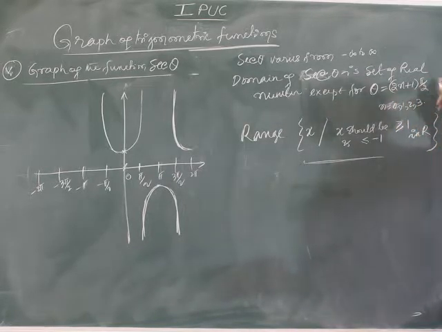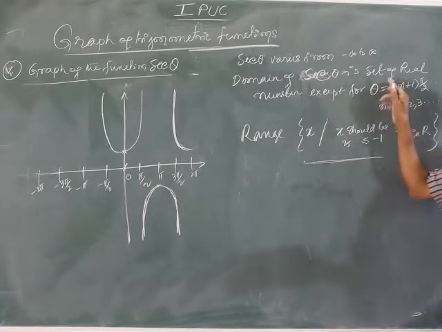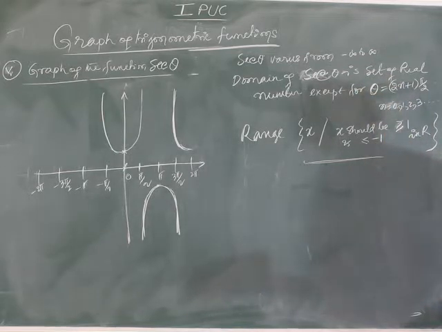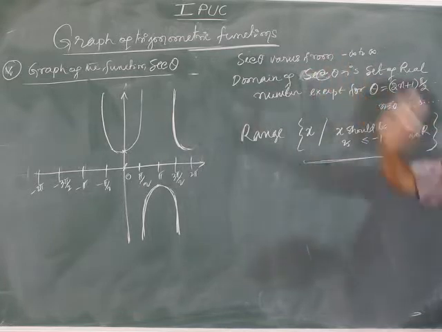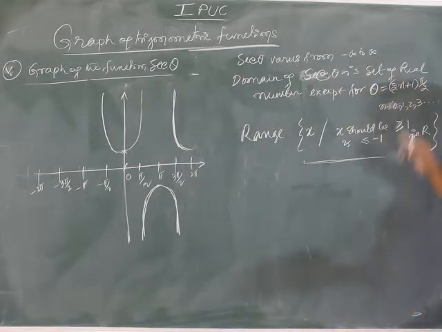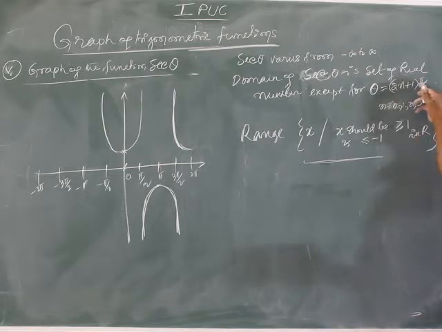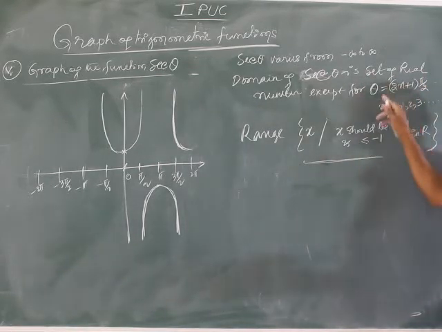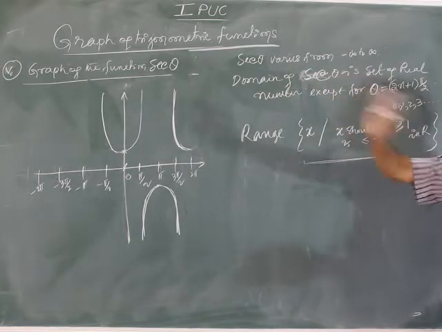For 0, you get pi by 2. So cos 90 is 0, secant is not defined. For n equal to 1, 3 pi by 2, 270, again cos is 0. So continuously you are getting the angles which are odd multiples of pi by 2. For that, cos theta will be 0, so secant is not defined.